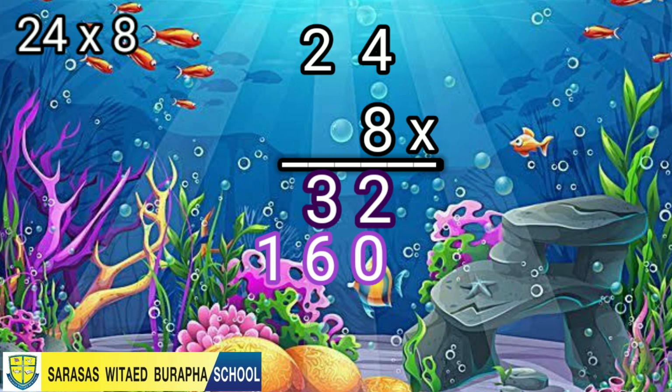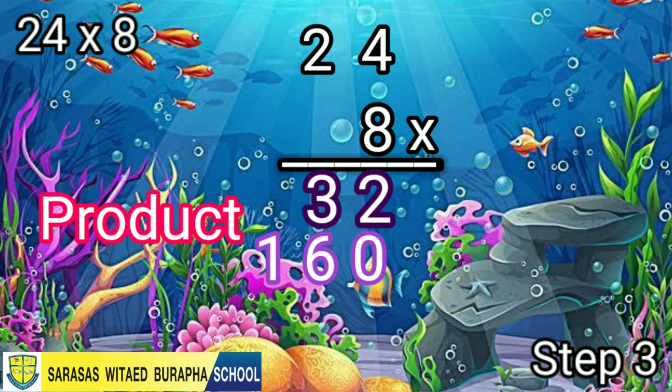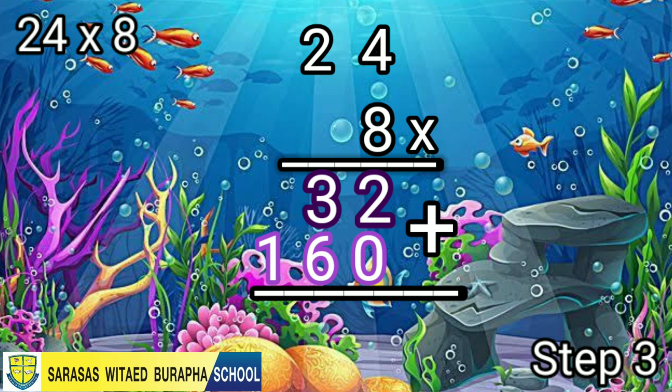Step 3. We will add the answers. So let's start with the ones. That's 2 plus 0 equals 2. Then we move to tens.